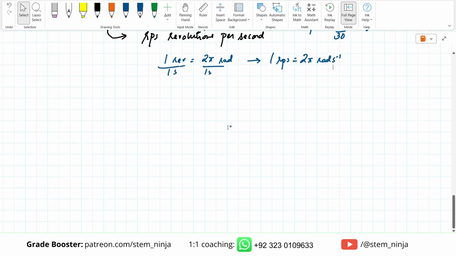What is the linear speed and tangential velocity?